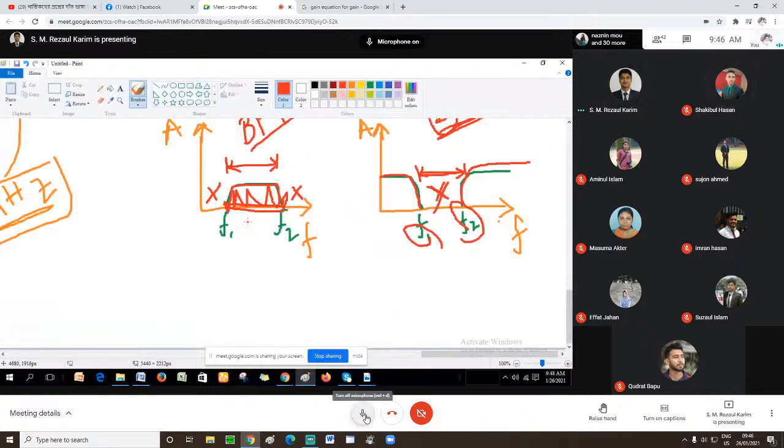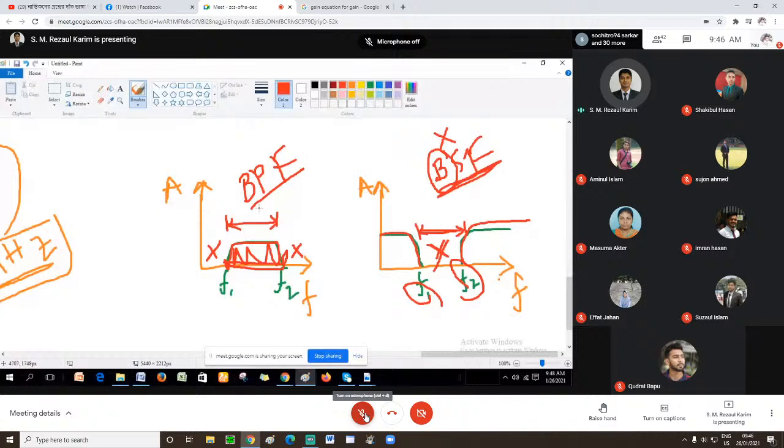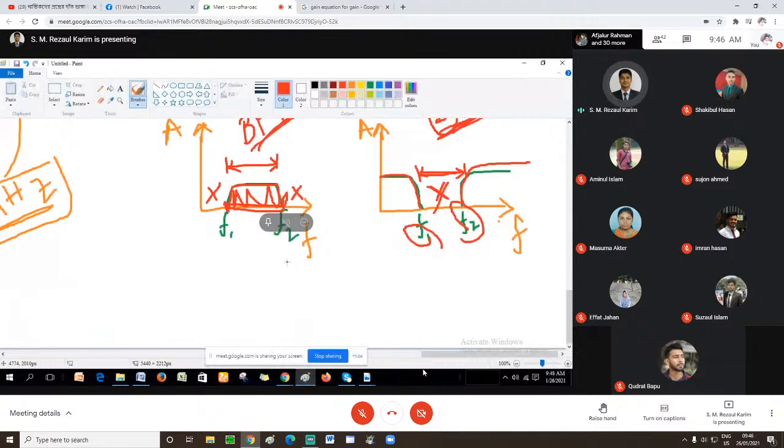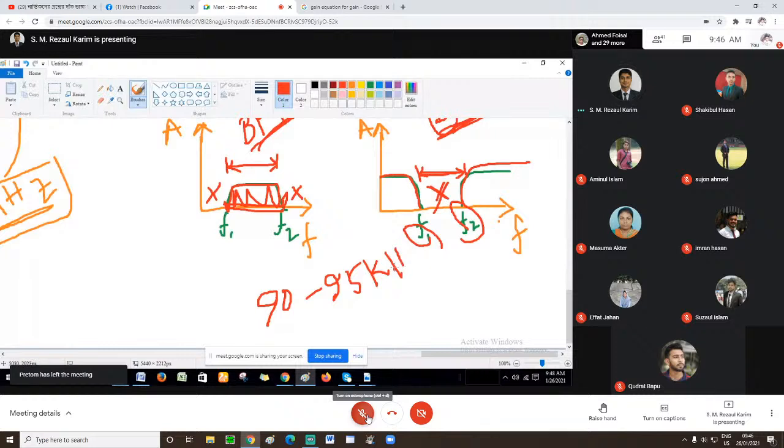Yes, sir. So for the band pass and band stop, what will be the cutoff? Cutoff will be a range, right? For example, I am giving here from 90 to 95 kilohertz. It can be a range, right? So starting F1 is 90 and ending F2 is 95.